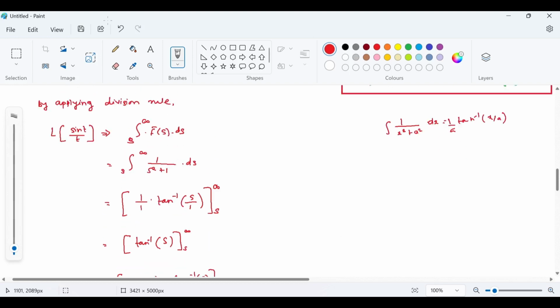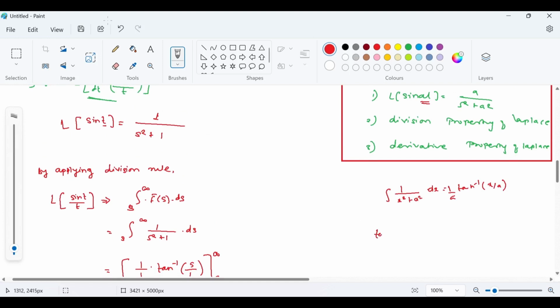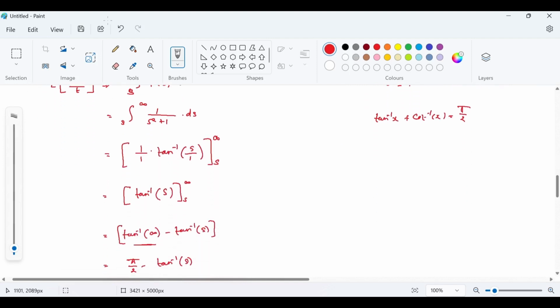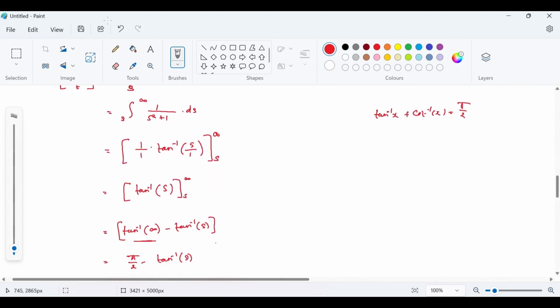Now we have one more formula: tan inverse x plus cot inverse x is equal to pi by 2. So this is the same form, right? We just have to make some arrangements here. Pi by 2 minus tan inverse of x is equal to cot inverse of x.